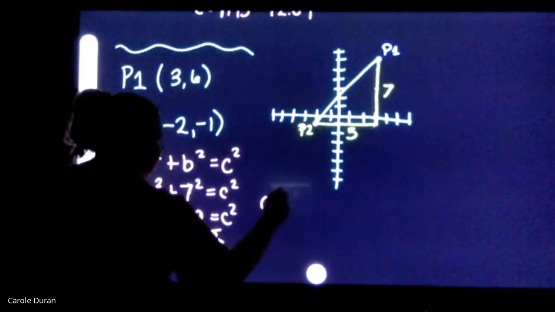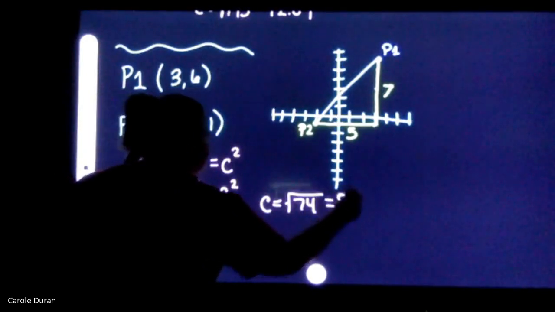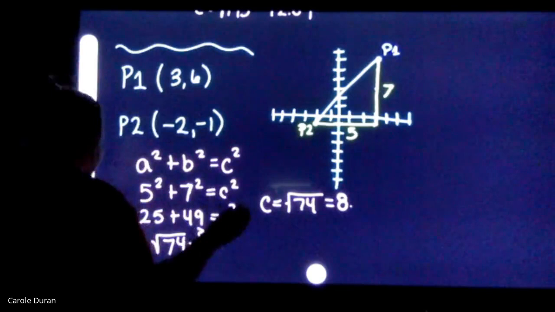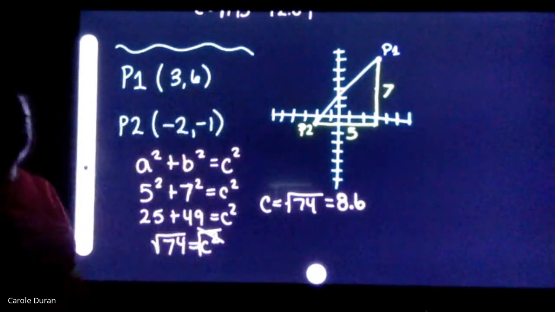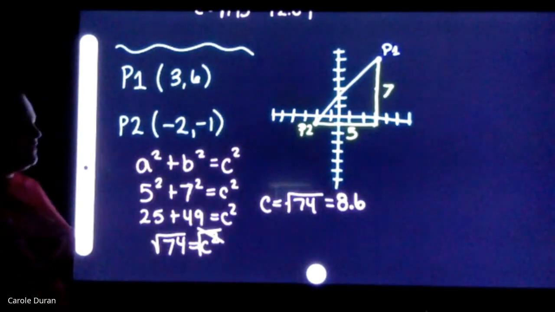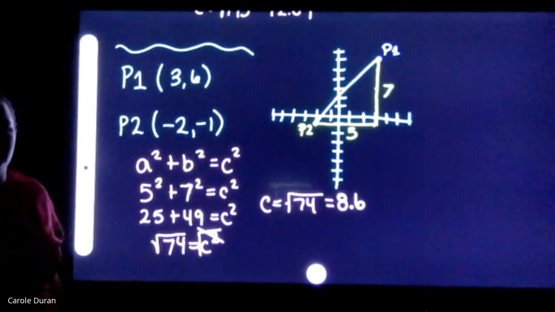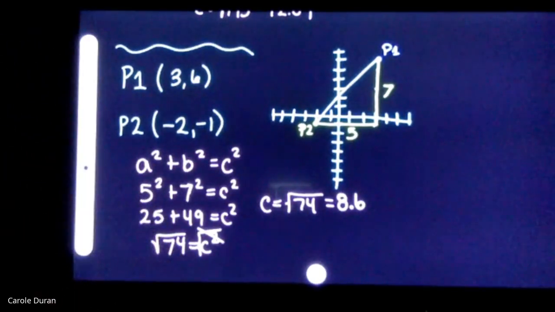So I'm left with c equals the square root of 74, which is approximately 8.6. So that means that the distance from point 1 to point 2 is approximately 8.6 units. I will give you guys a second to catch up, and then we'll do another example.